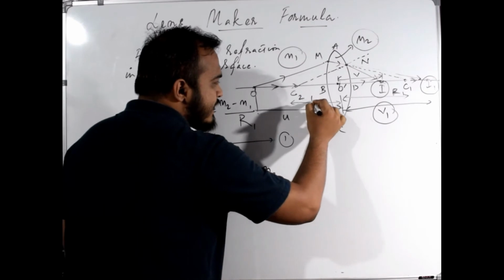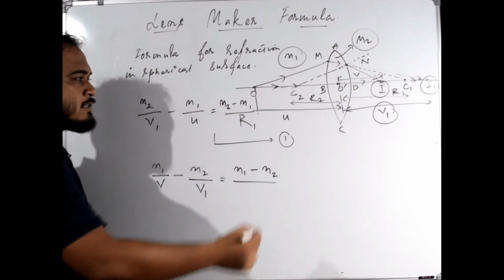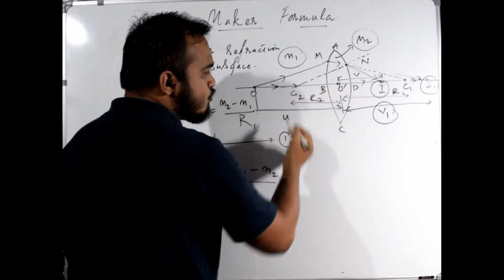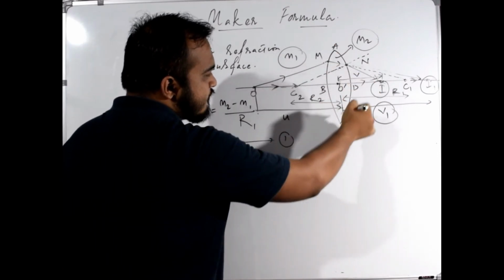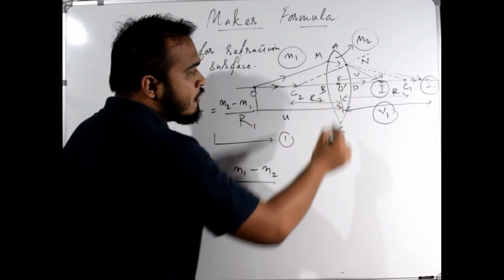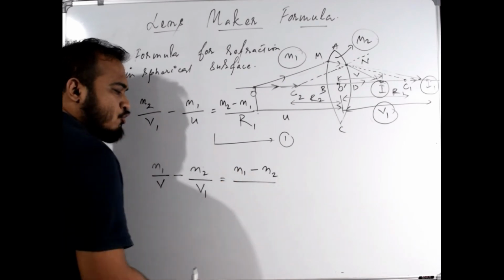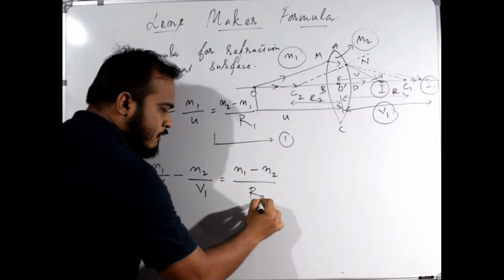Let us say this radius of curvature to be R2. That is the distance from O dash to C2 is the radius of curvature for this surface ADC. So that's why N1 minus N2 divided by R2.